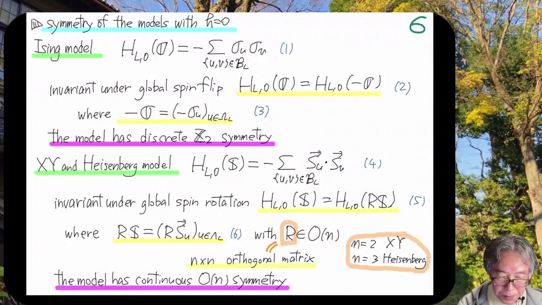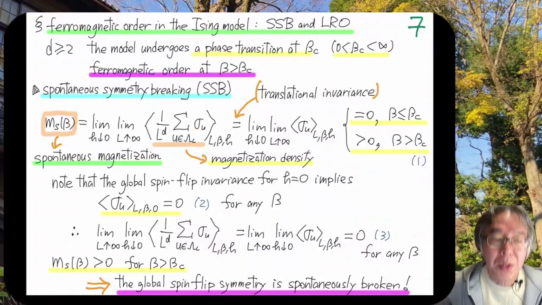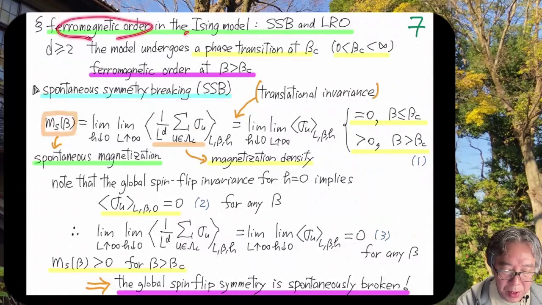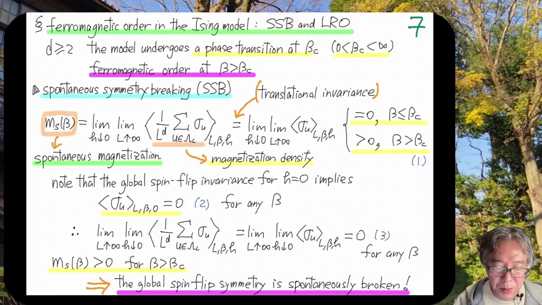Now, before discussing the XY model, I'd like to quickly review how we can characterize the ferromagnetic order in the Ising model, in terms of spontaneous symmetry breaking or the long-range order.